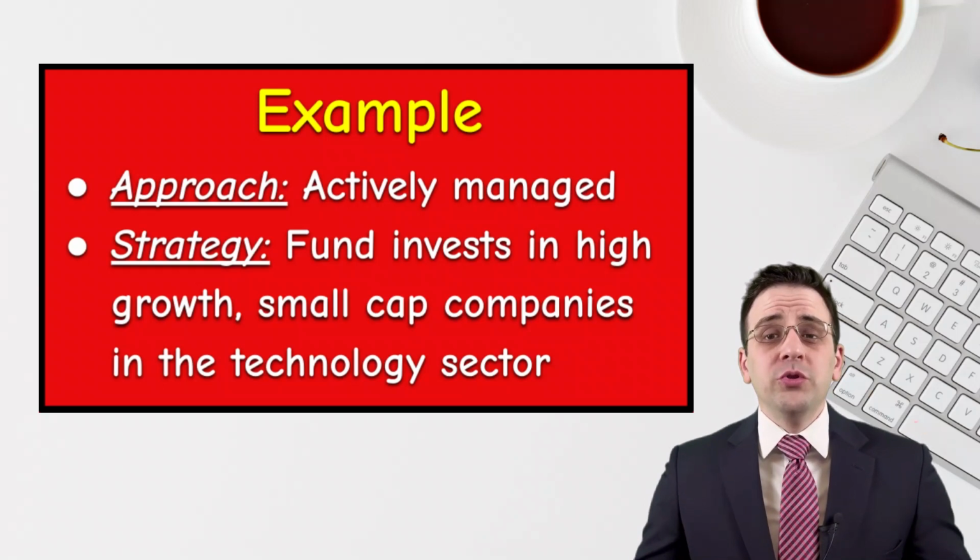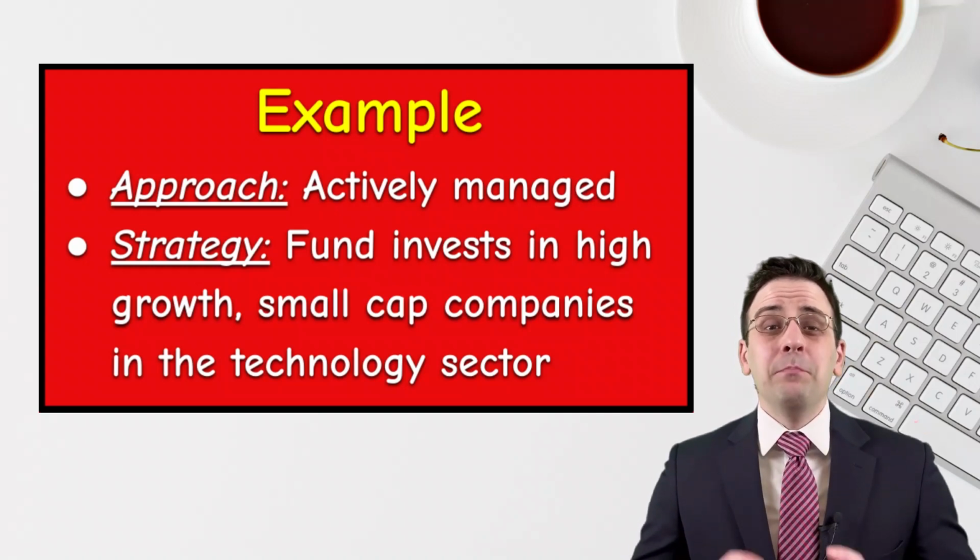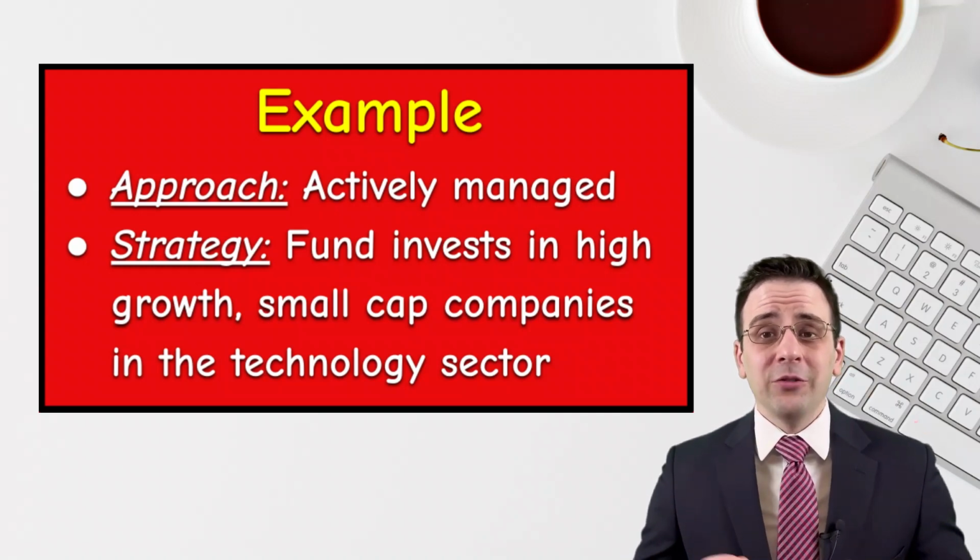The manager will do research and buy those stocks in smaller tech companies that they think have the best chance to provide high returns in the future. Let's pause there for the actively managed approach, and we'll explain it more in a few minutes.